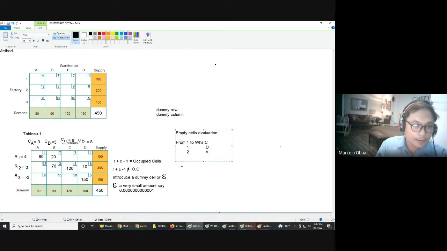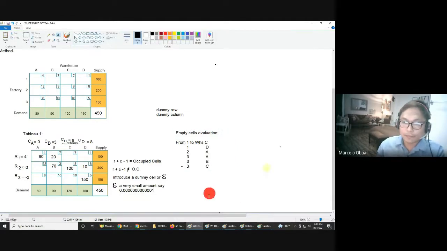That is factory 3 to warehouse A. Next, you have factory 3 to warehouse B. Last, factory 3 to warehouse C.